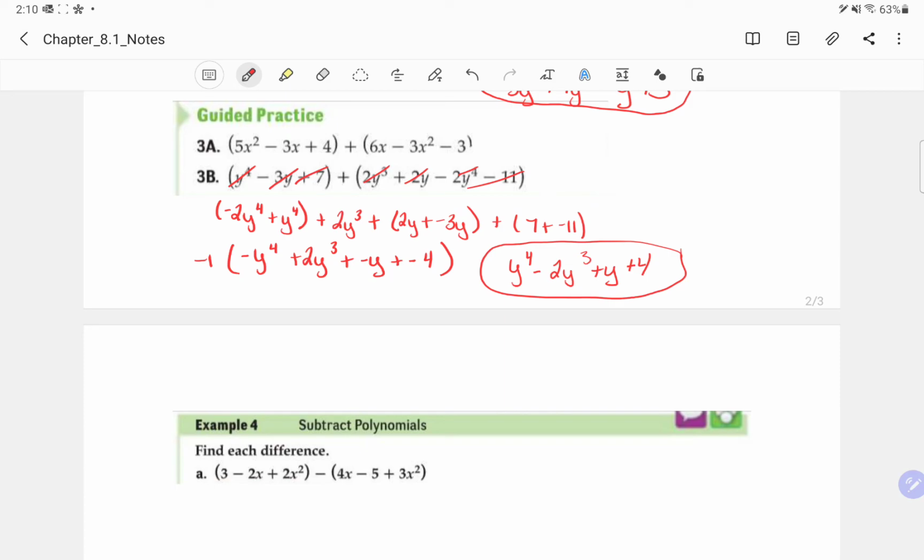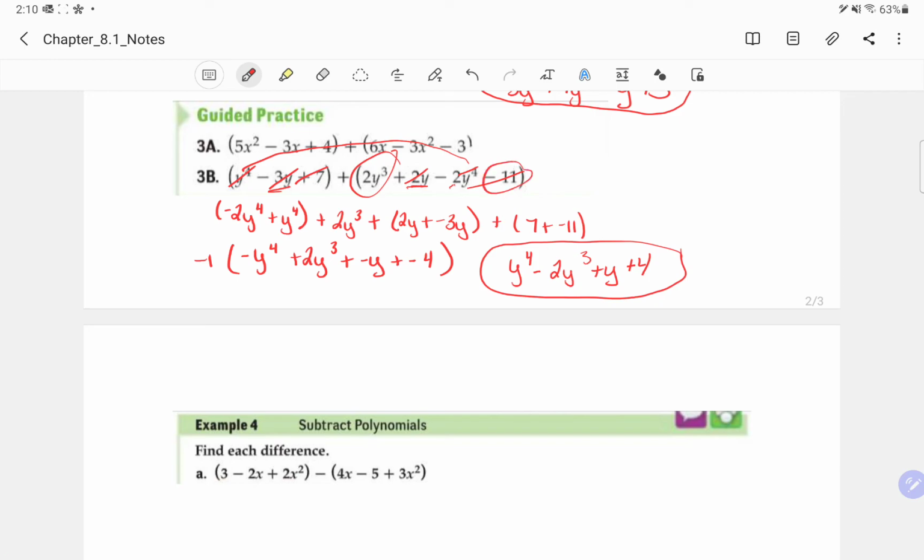Okay, so for this one, all I did, like I said, I like the horizontal method, so I matched up my like terms. I had a -2y cubed and a -2y to the fourth and a y to the fourth, so I put those in a set of parentheses together. The 2y cubed was alone. It was the only cubed variable, so I just stuck it there by itself. And then I had two y terms, so they went in a set of parentheses together, 2y and -3y.